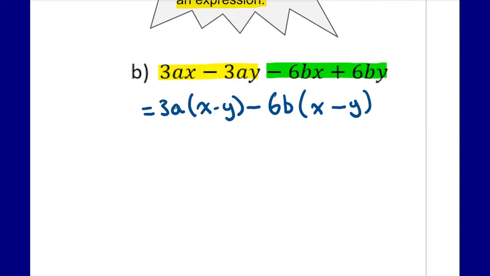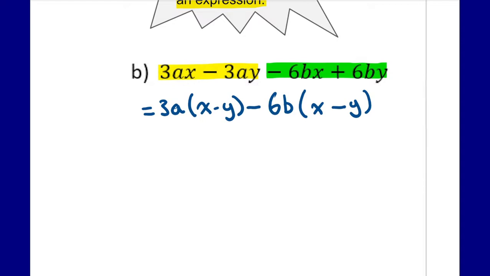So the reason we factored the negative out is because if I went through and multiplied this, negative 6b multiplied by x is negative 6bx, and negative 6b times negative y is a positive 6by. So again, that's the main reason why we're doing that.